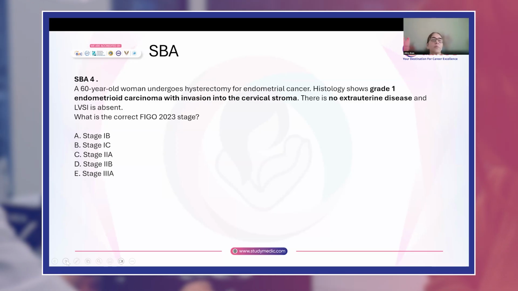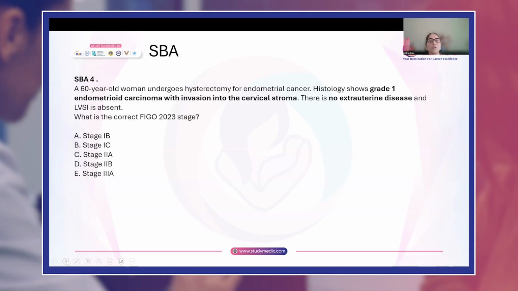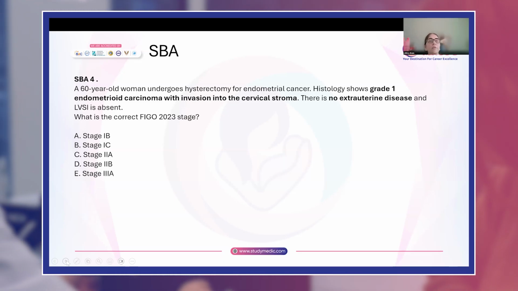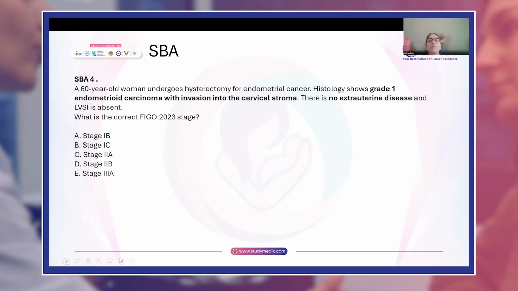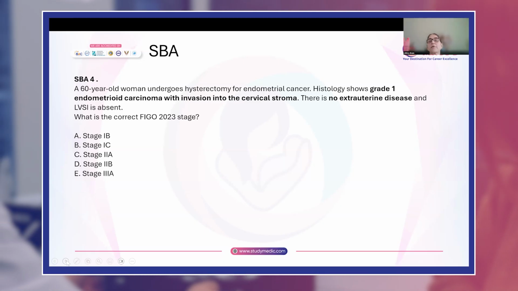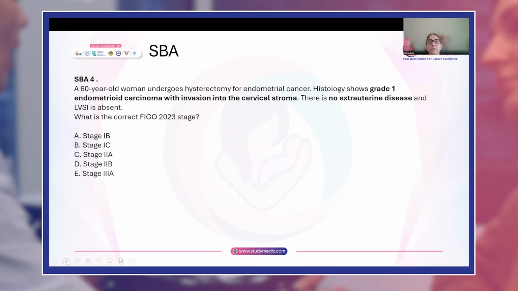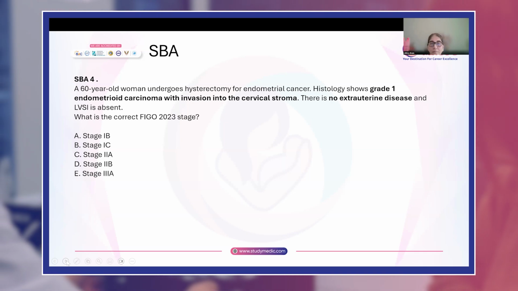Now you have this woman, she has undergone a hysterectomy for endometrial cancer. Histology is showing that she has grade 1 endometrioid carcinoma, grade 1 again endometrioid, with invasion into the cervical stroma. No extrauterine disease and LVSI is absent. So what would be the stage? Remember, there is cervical stromal invasion.